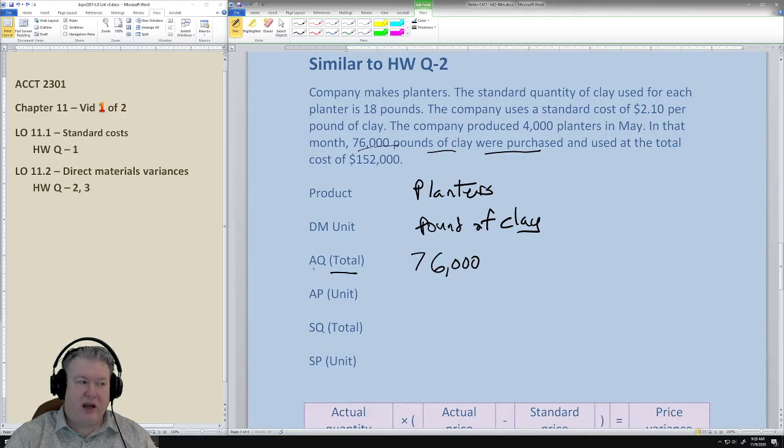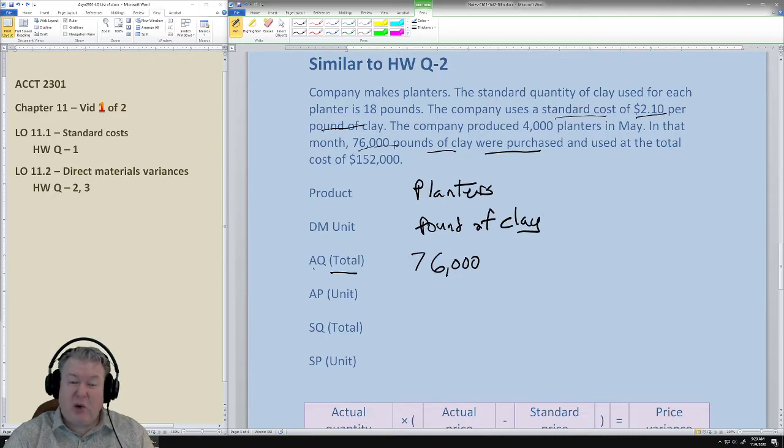Now, if I go through here and I look, okay, it gives us the standard cost of $2.10. That's what we're budgeting. We're saying we plan on spending $2.10. How much did we actually pay? So here, when I look at the standard price, and once again, it says per pound of clay, so I know we're not talking about a planter.